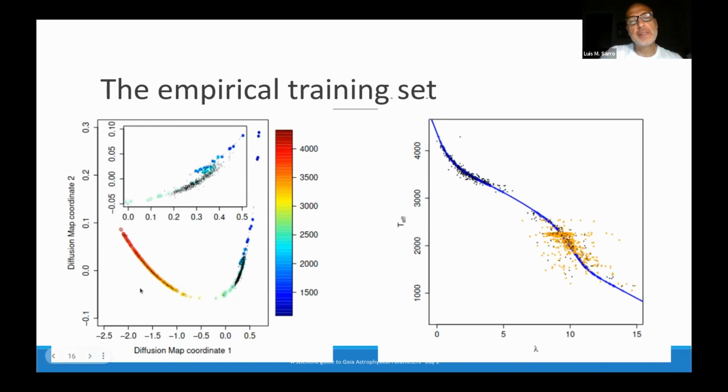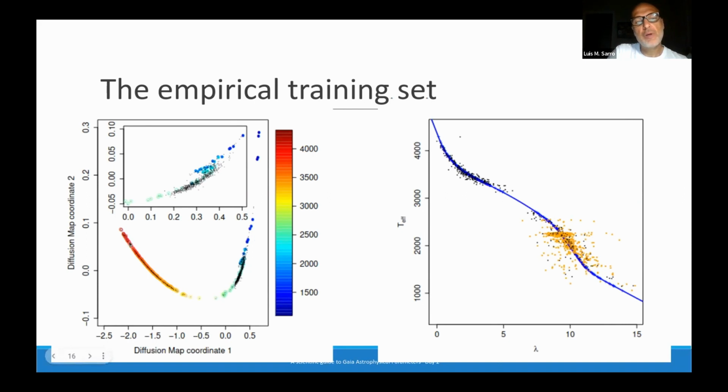Now, on the left-hand side plot, we have these new coordinates. This would be the diffusion map coordinate 1 versus diffusion map coordinate 2. Diffusion maps is the projection technique that we used. Each point here represents an RP spectrum.